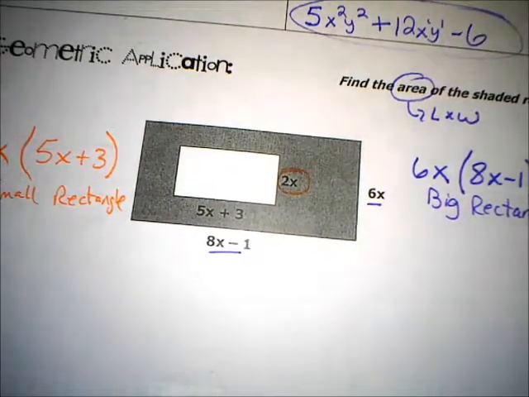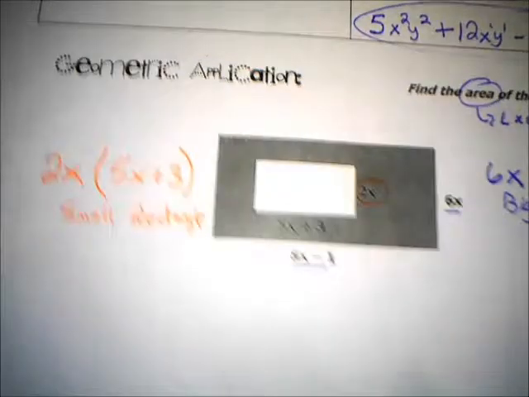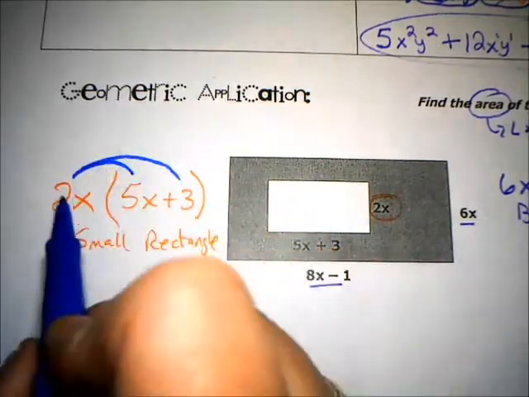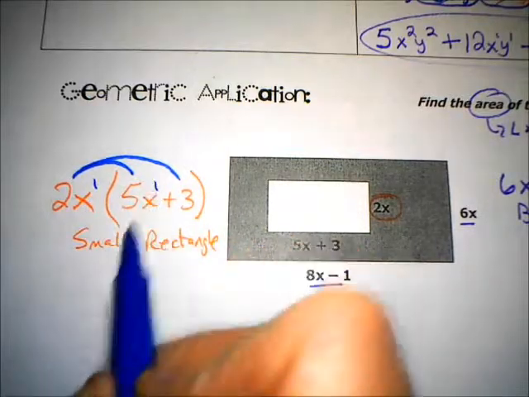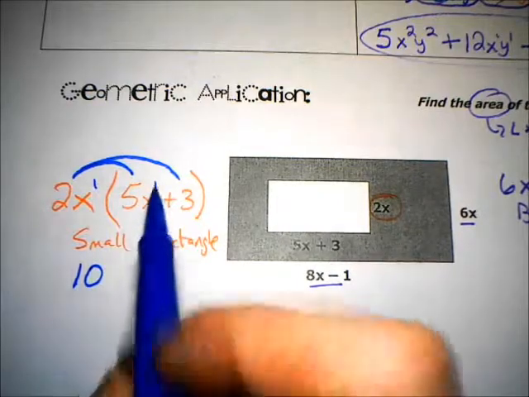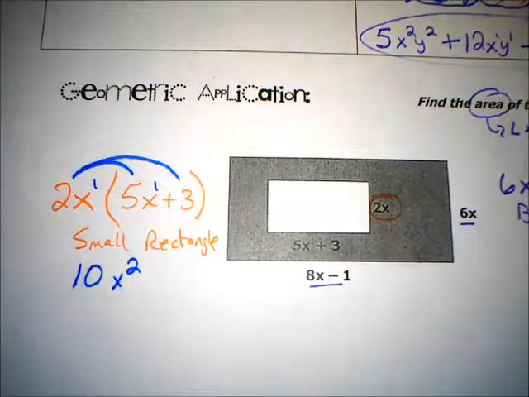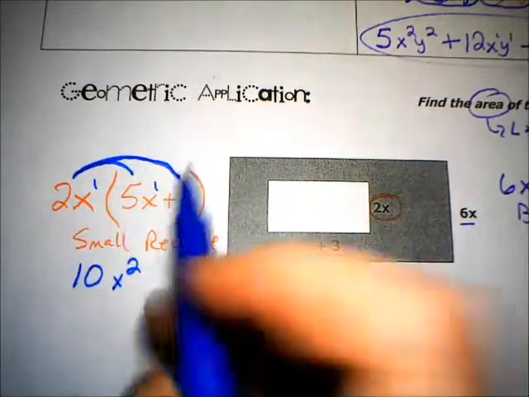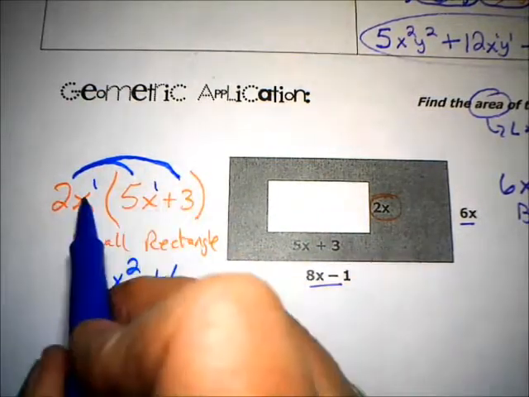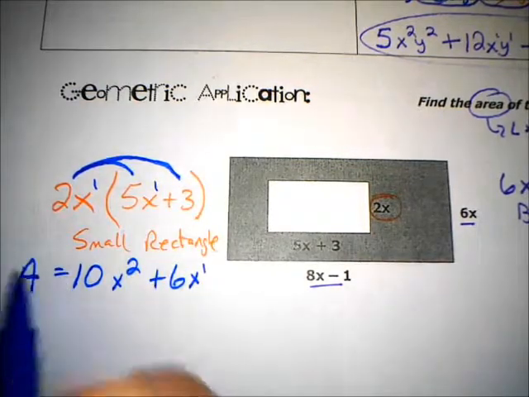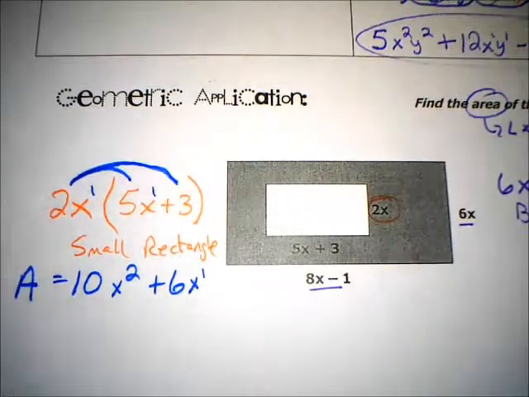Well, to do so, I'm going to distribute the 2x into my parentheses. So that would be 2x1 times 5x1. Well, 2 times 5 is 10, and x1 and x1 is now x squared. And then I'm going to multiply the next one. 2 times 3, which is 6, and I carry the x over as it is. So this is my area of my smaller rectangle.